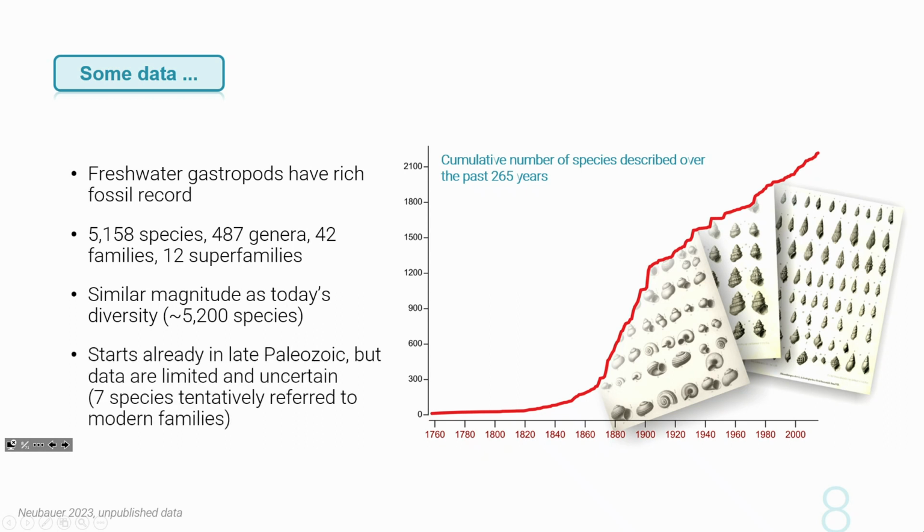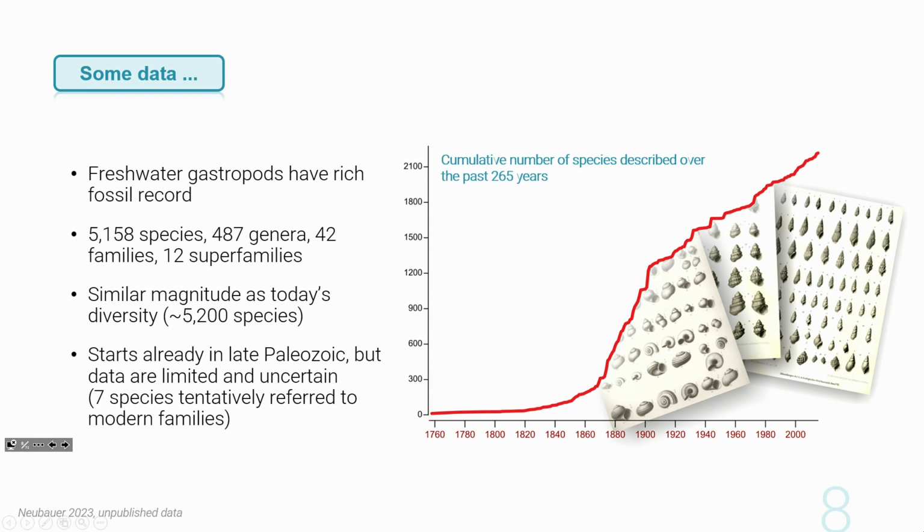So it starts somewhere probably in the Cretaceous, but our entire information about late Paleozoic freshwater snails is based on, I think, something like 7 species for maybe 50 million years, which is not really satisfying, I would say. And most of them have been attributed to modern families. In some cases, maybe yes.